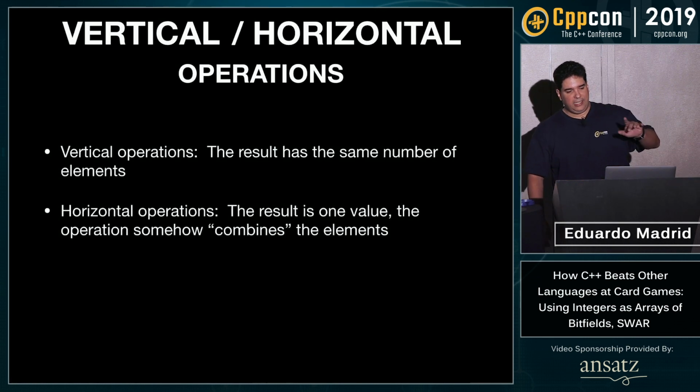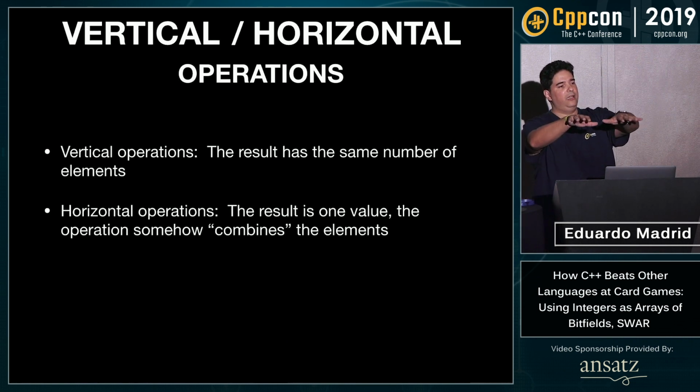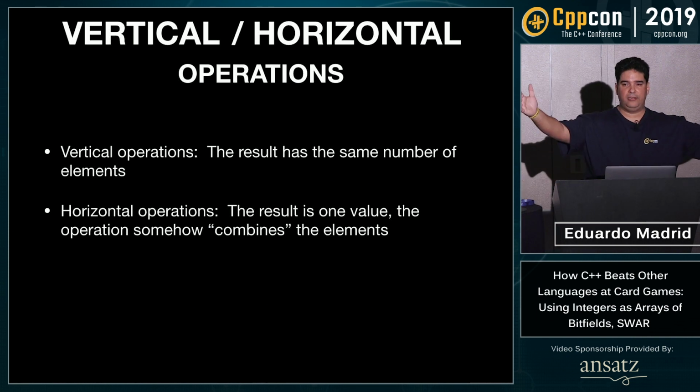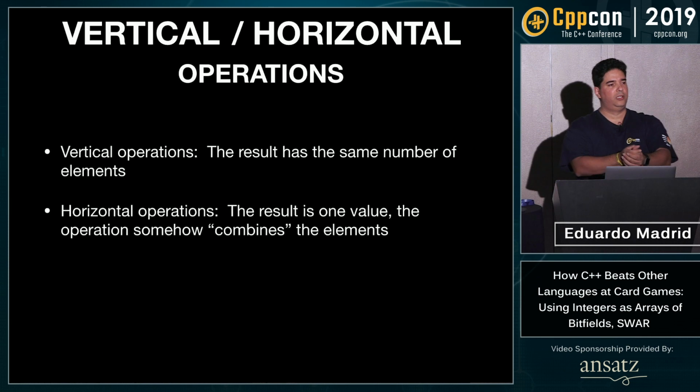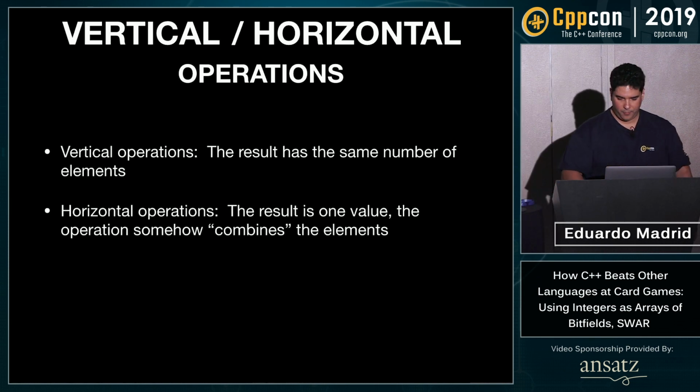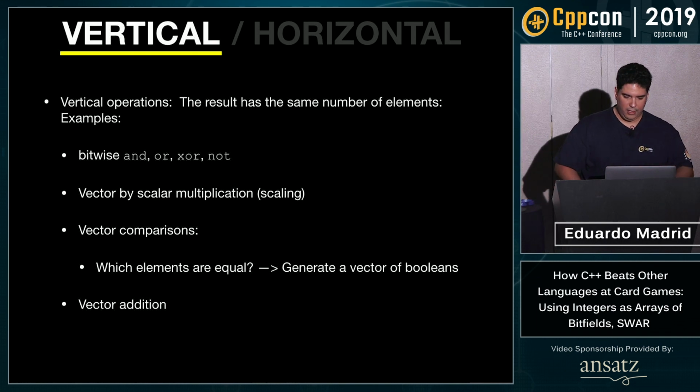More jargon, vertical and horizontal operations. The vertical operations generate in the results as many elements as the inputs. Horizontal operations combine elements into fewer elements in the output. Examples of vertical operations, the exclusive OR, multiplying by a scalar, we'll see that in a moment.